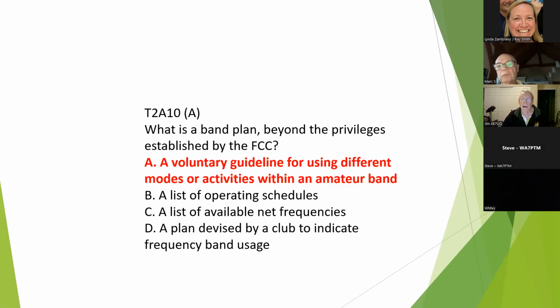What is the band plan beyond the privileges established by the FCC? Well, if you think about how a repeater works, it has a receive frequency and a transmit frequency. So those are two specific frequencies that need to be reserved in the spectrum for that particular repeater, because you don't want somebody else talking on those frequencies if they're dedicated to the repeater.